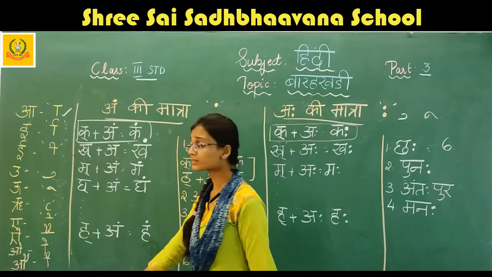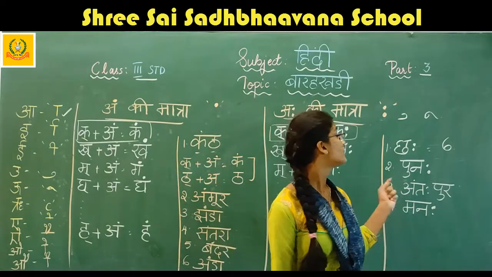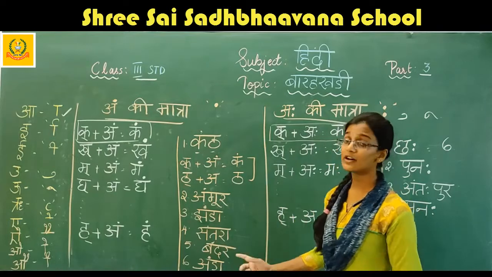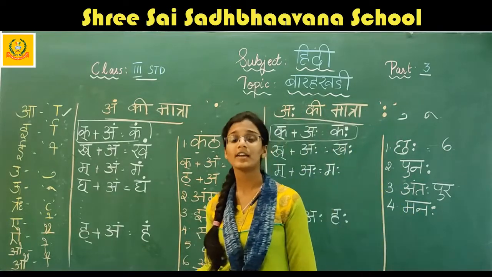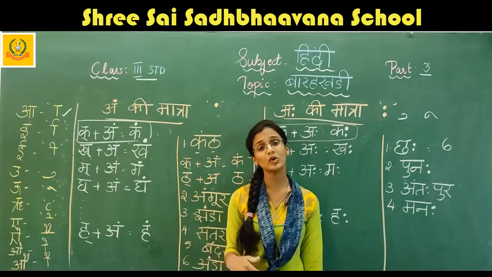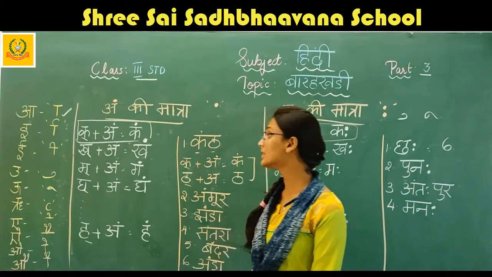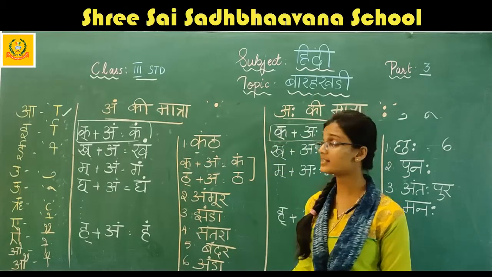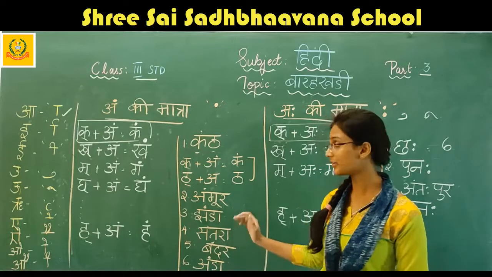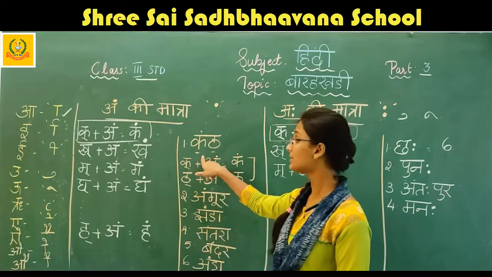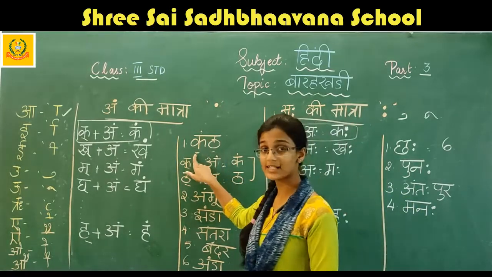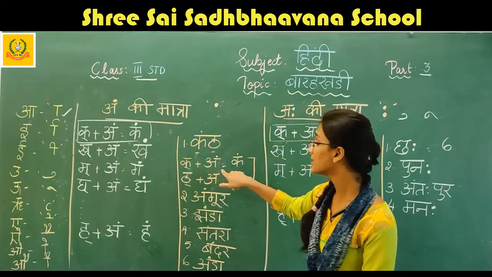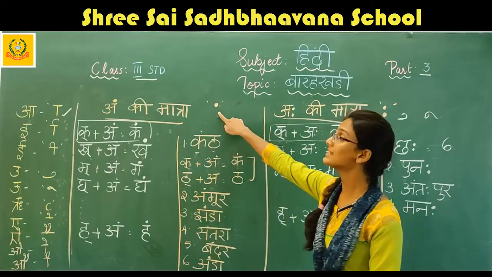Next, we learned I to aha. So children, first thing in Bharakadi is you should be able to identify the letters. Only when you are able to identify the letters, you will be able to expand and write. See here, for example, if you don't know which letter is this, you will not be able to write which is the letter and its matra.